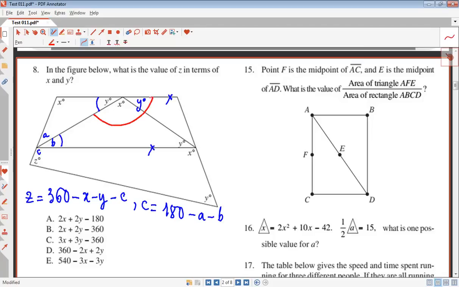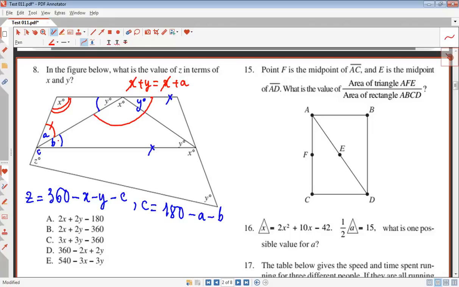This angle is a sum of the angle x and the angle A. That means x plus y equals x plus A. We cancel x and we have the angle A equal to angle y.